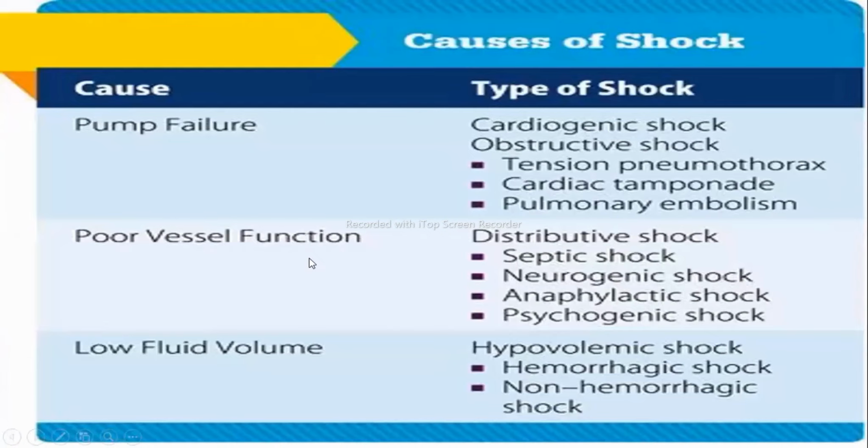You have many types of shock. Maybe obstructive: tension pneumothorax, cardiac tamponade, pulmonary embolism. Cardiogenic, where the problem is pump failure. Distributive shock, where the patient has poor vessel function, like septic shock, neurogenic shock, anaphylactic shock, psychogenic shock.